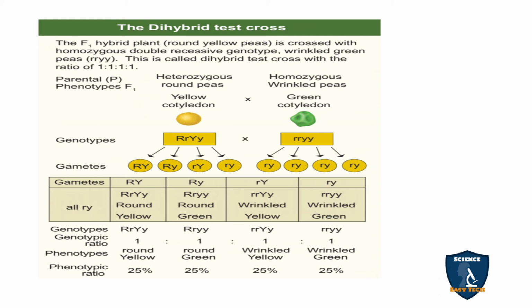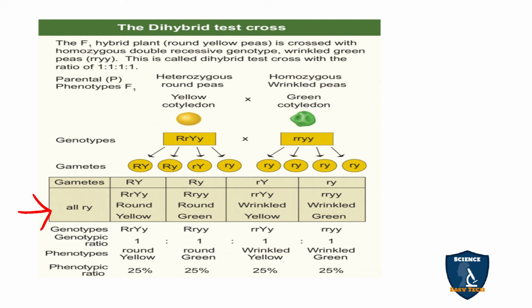When you cross, and analyze in the checkerboard, you get one yellow round, one round green, one wrinkled yellow, and one wrinkled green, each 25%, all in equal percentage, so a 1:1:1:1 ratio appears here.